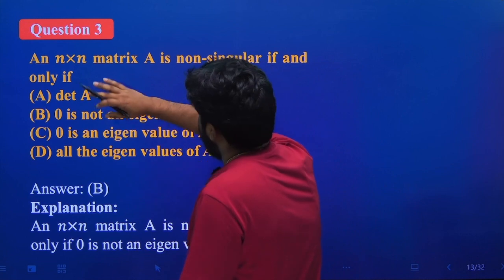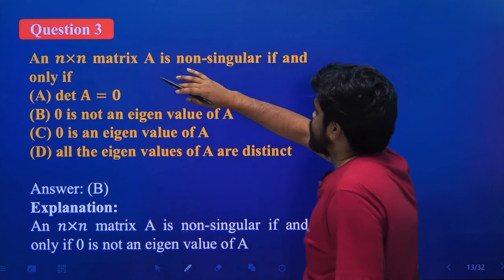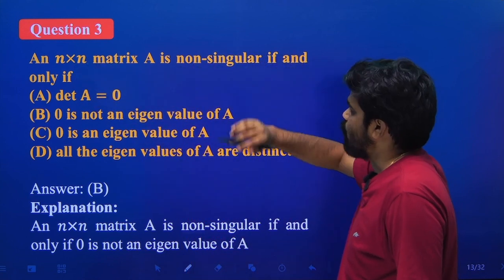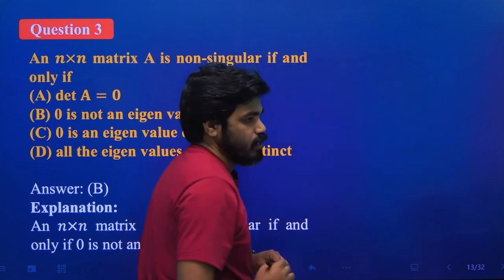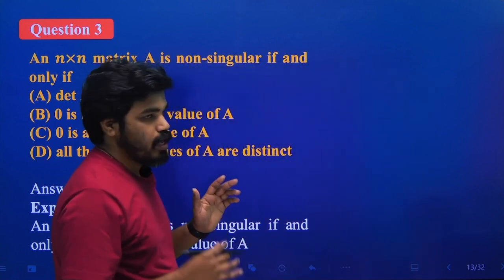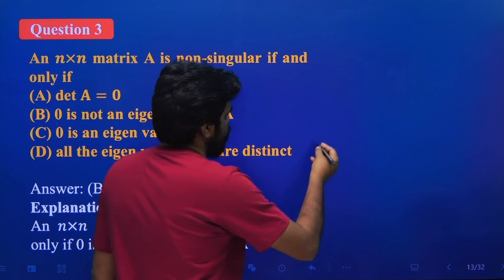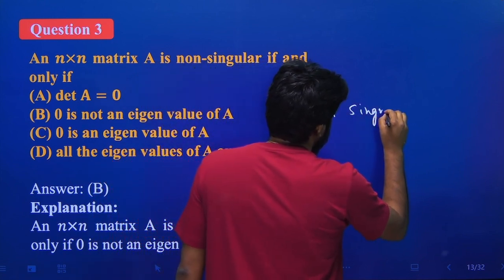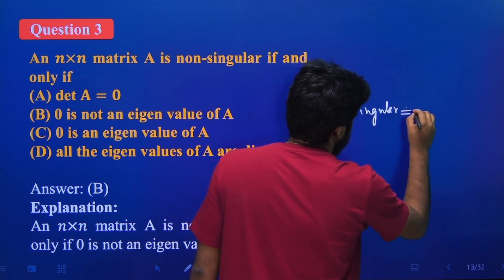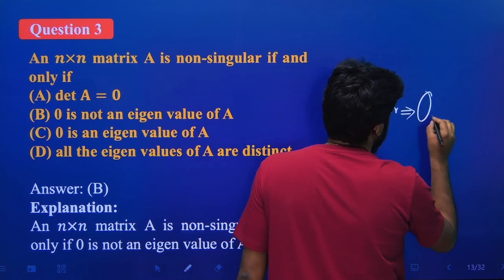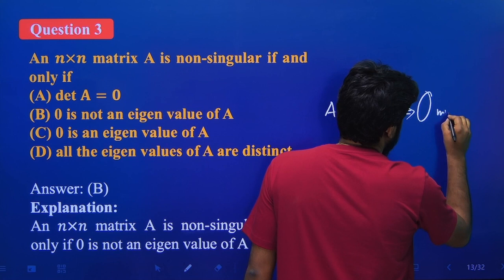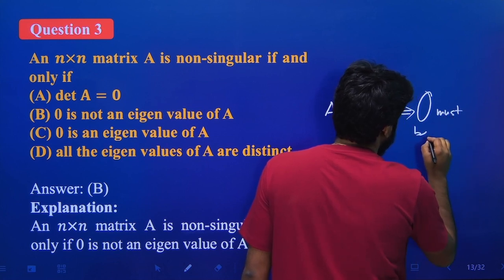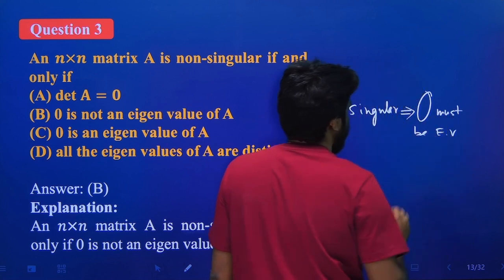If an n cross n matrix A is non-singular, if and only if, see, it says non-singular. We know that if A is a singular matrix, then 0 must be an eigenvalue, right?